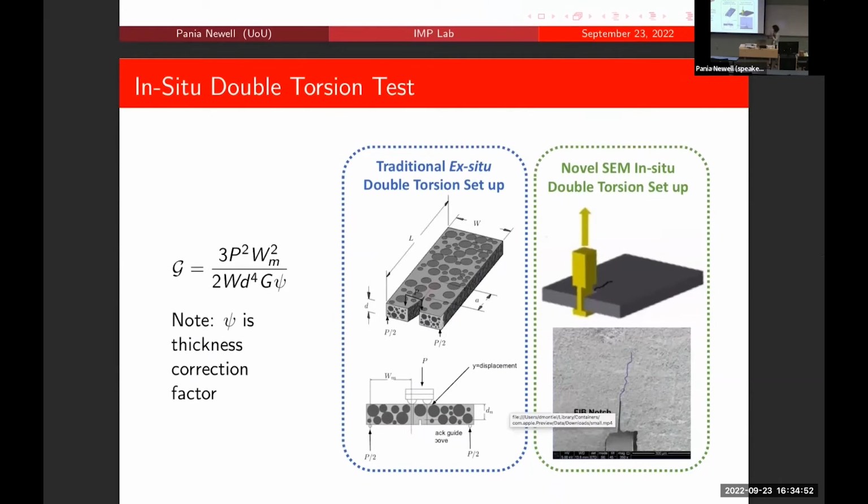This is another experiment, a fracture mechanics test, again at the larger scale and at the smaller scale. They call it the double torsion test. It's similar to 3-point bend testing, but you want to be able to see how the crack is propagating.